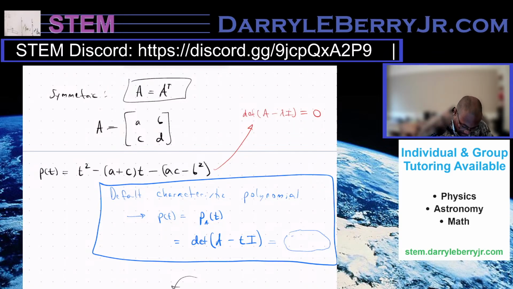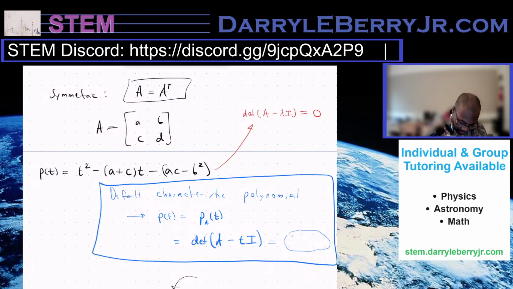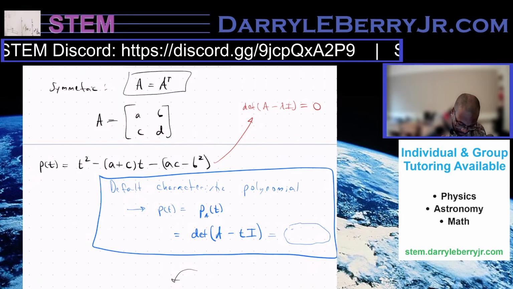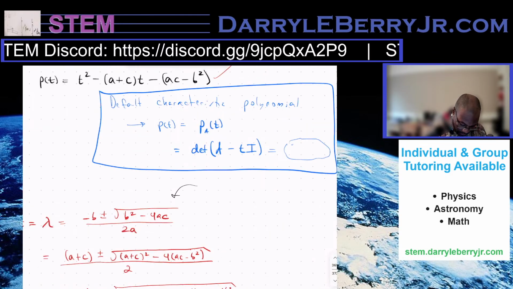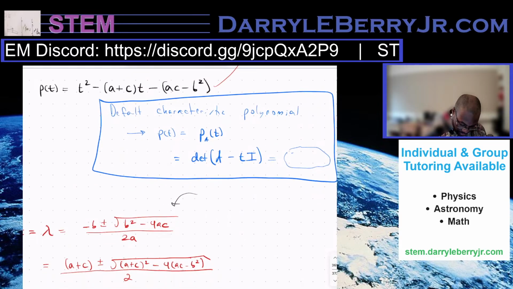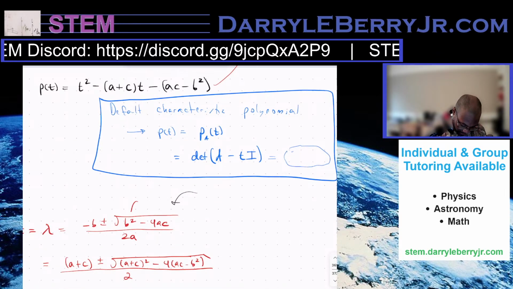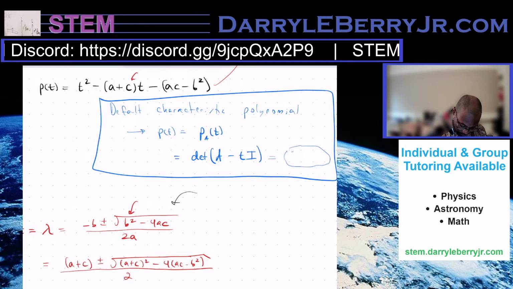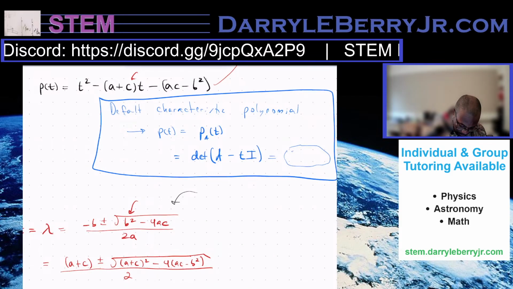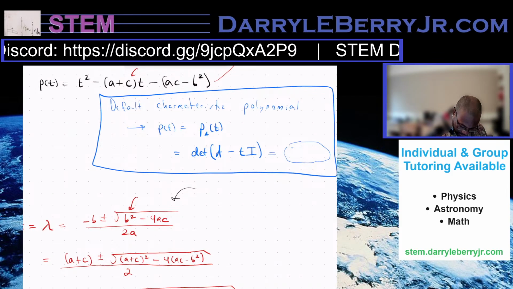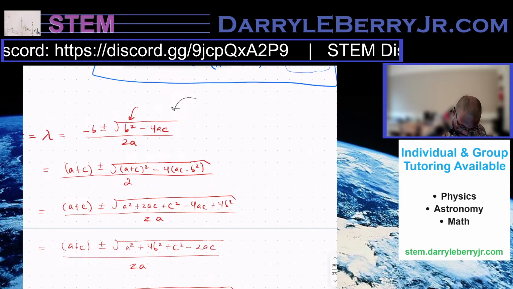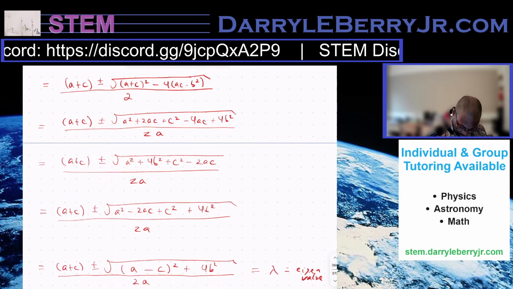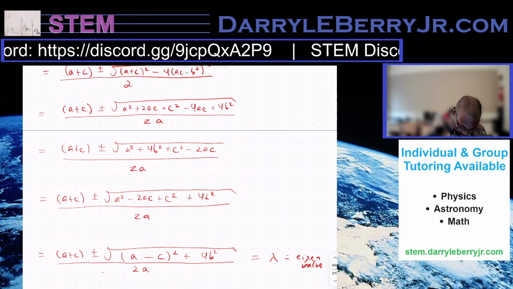Basically, we simplify everything. We end up with a quadratic equation. And because the b part is squared, there's this part here. Multiplying everything out, it simplifies so that everything is squared.